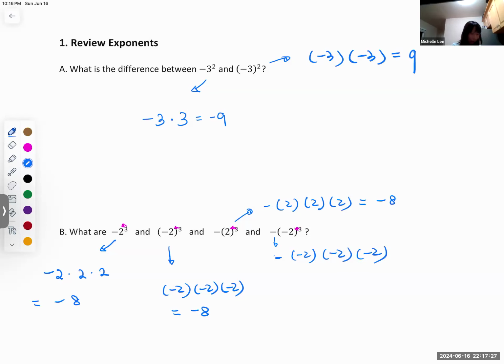Then we have a negative sign in front here, and this will be -8. So -8 will be +8, right? Okay.